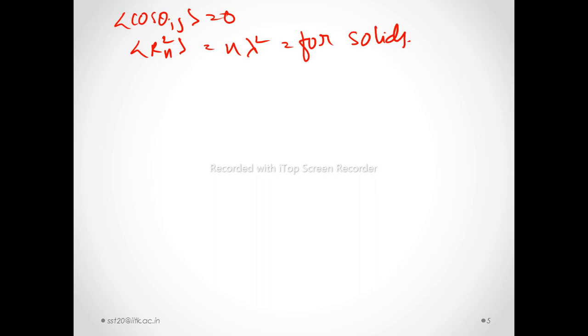So the average mean square displacement for solids is given by n lambda square.